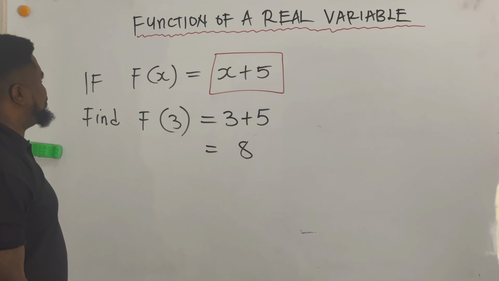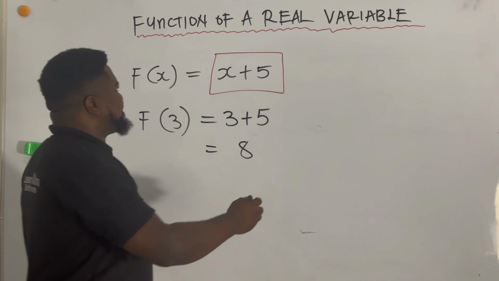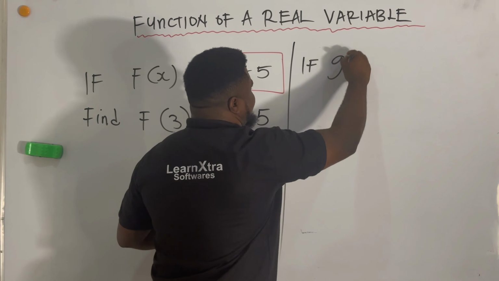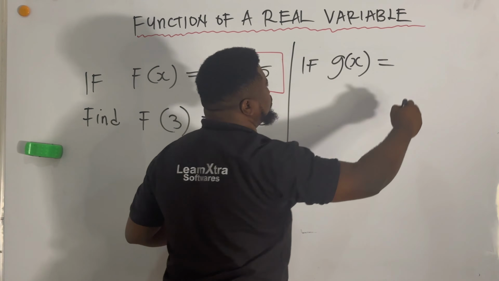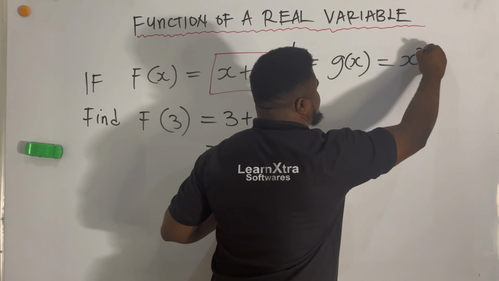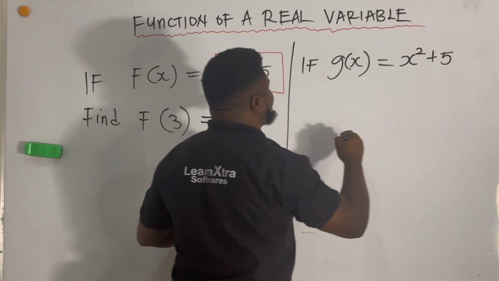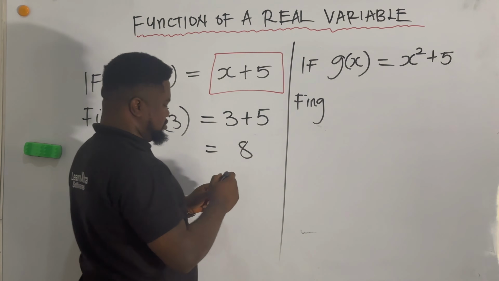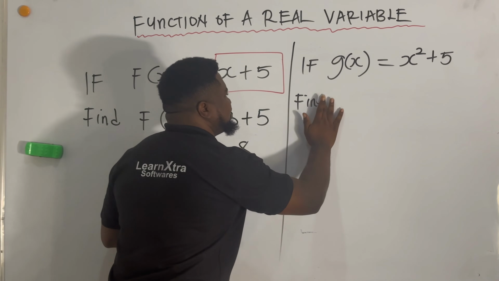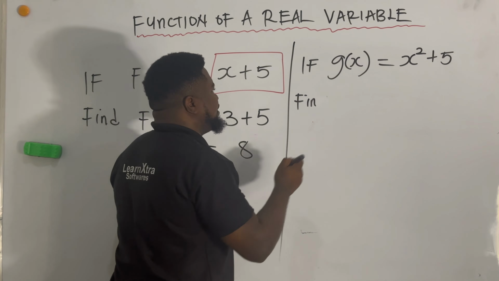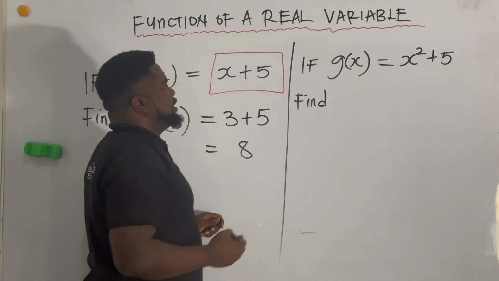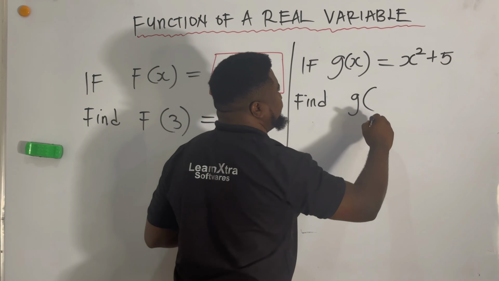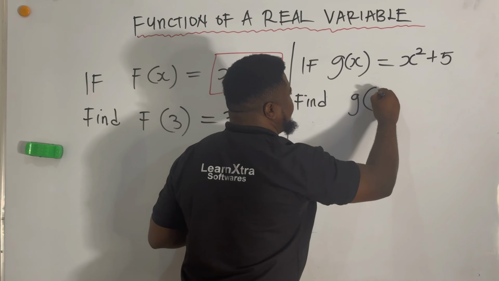Let's take more examples. What if I give you now that g of x is equal to x squared plus 5, find g of 5.